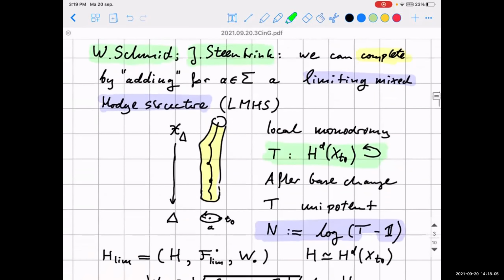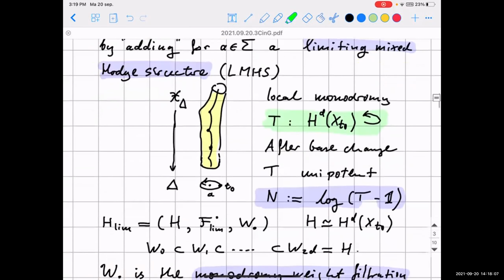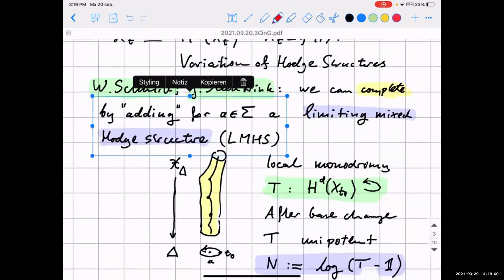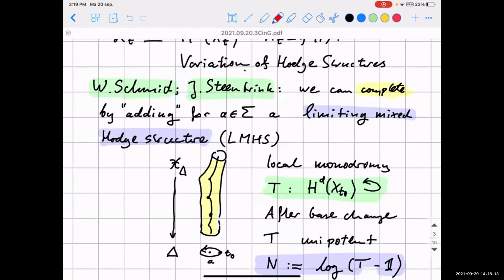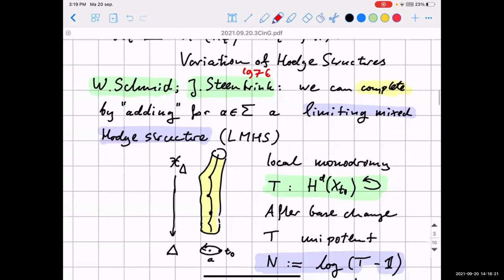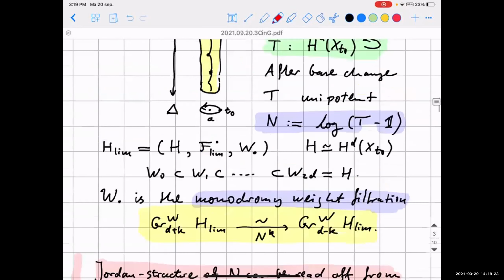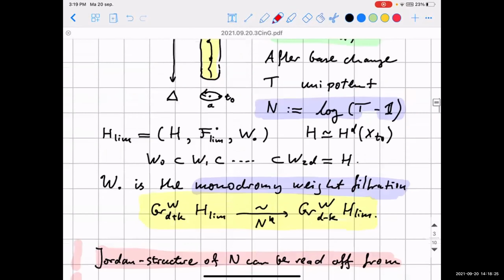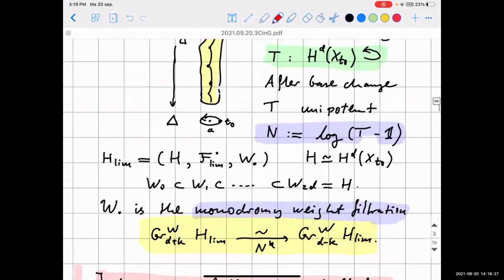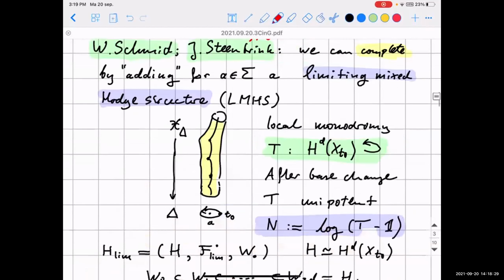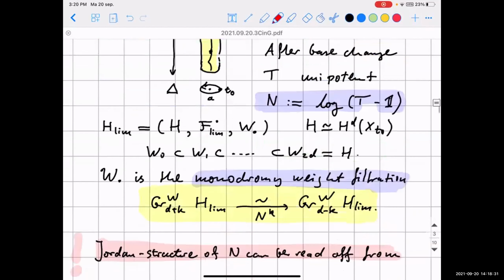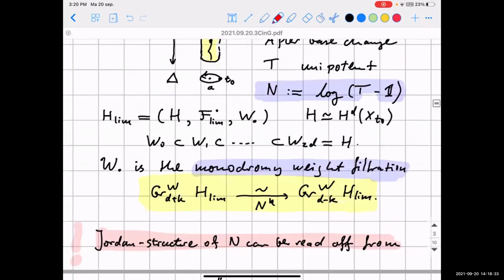This is in the 70s, I think in 1976. And now, so this is the most important invariant of the degeneration, on the cohomological level.